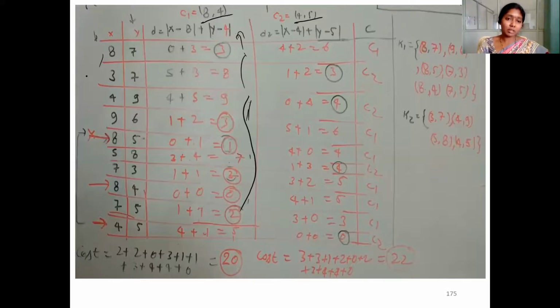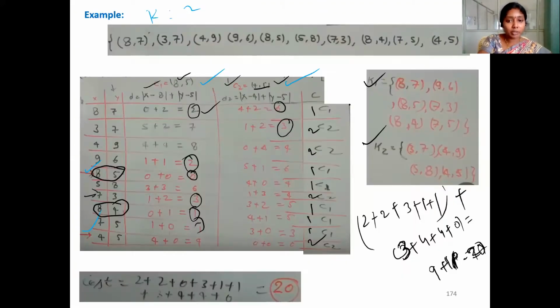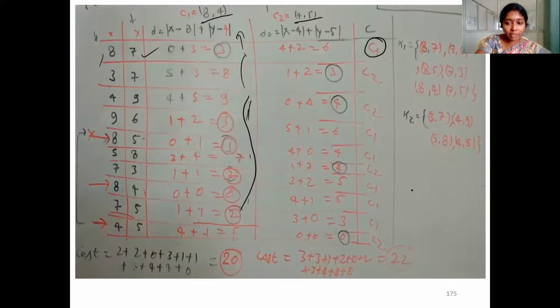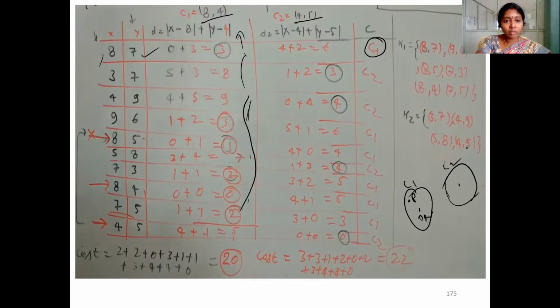So how do you reallocate this? Suppose you consider this 8, 7. Previously it belongs to cluster 1 only, right? If you observe the previous slide, this 8, 7 belongs to cluster 1 only. That means you have 2 clusters and these are the new representative objects. This is the new representative object O random, and here is P. Since initially P is in cluster 1 only, what are we checking now?